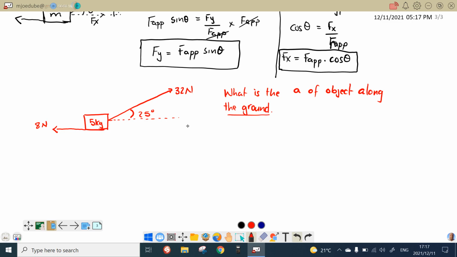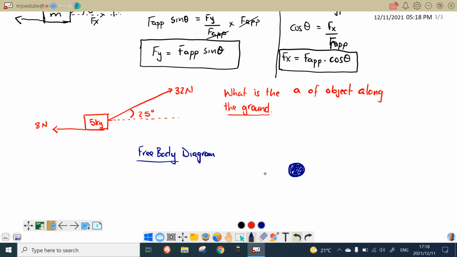Remember what we said. We first draw our free body diagram. So you'd have, here's our object, and when you draw your free body diagram, when you've got forces that can be resolved, you can then say, okay, what are the forces acting?